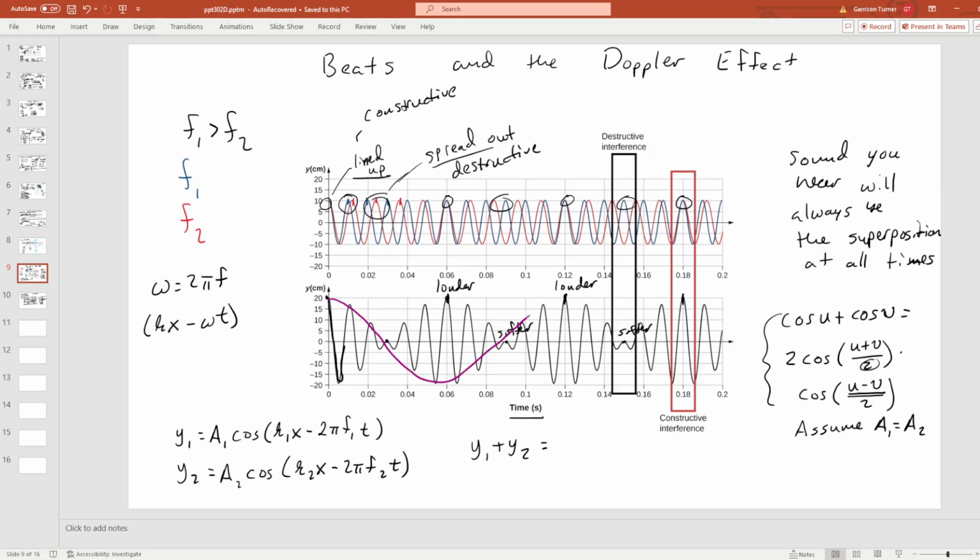There is a cosine function, or at least a sinusoidal function, running through here like this. And it will have a frequency equal to your beat frequency.